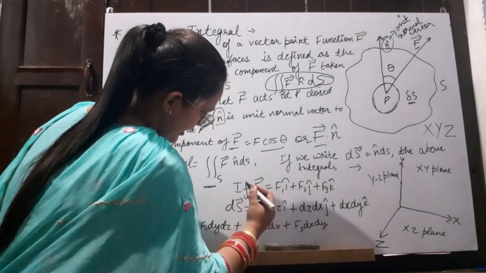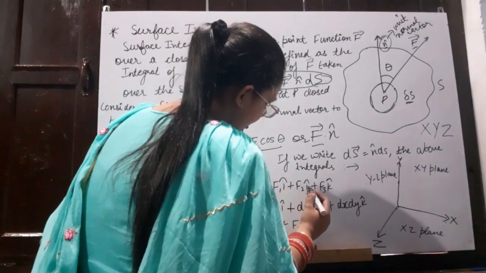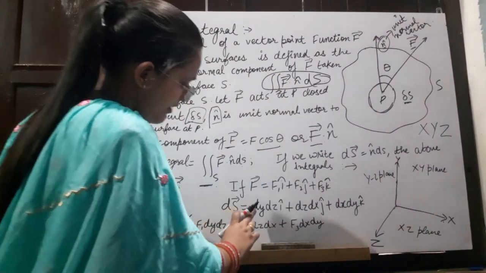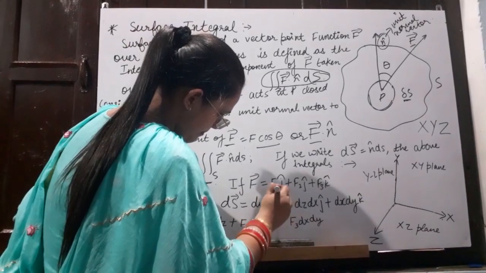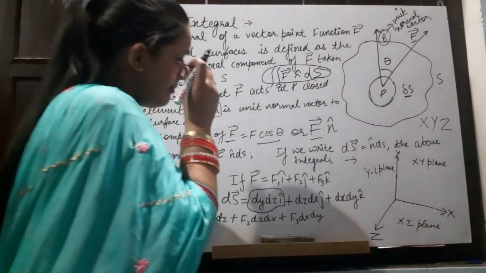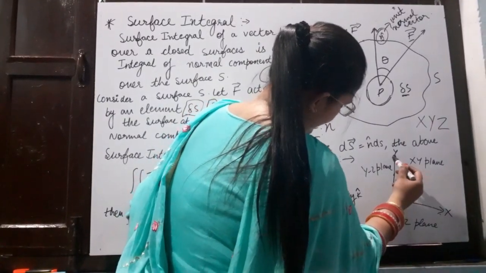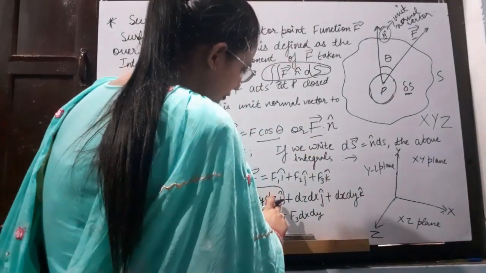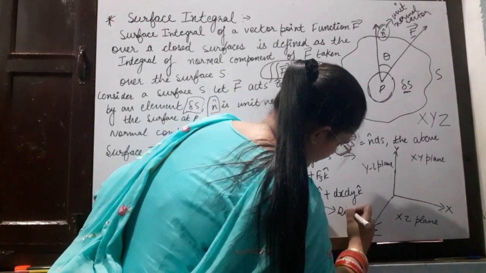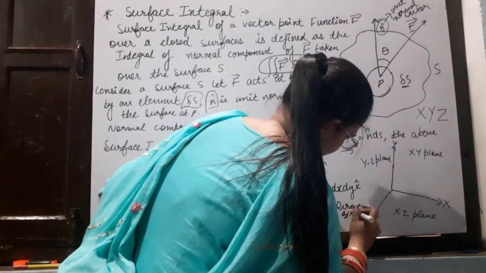Let f vector equal f1 i cap plus f2 j cap plus f3 k cap, and ds vector equal dy dz i cap. Why dy dz i cap, not dx? Because here we have the yz plane, and i cap is the direction of the x axis.